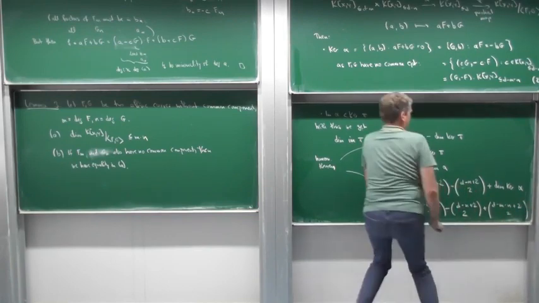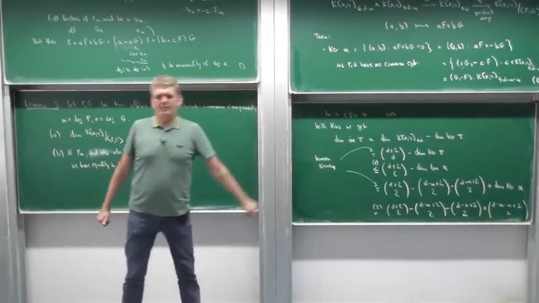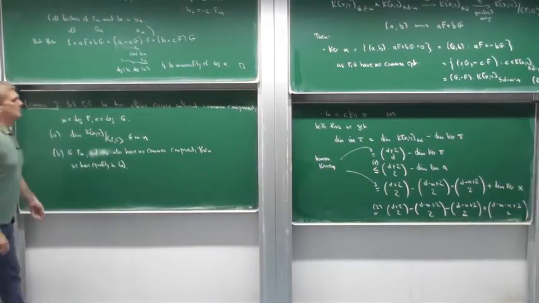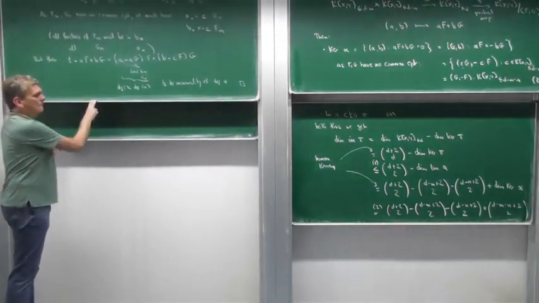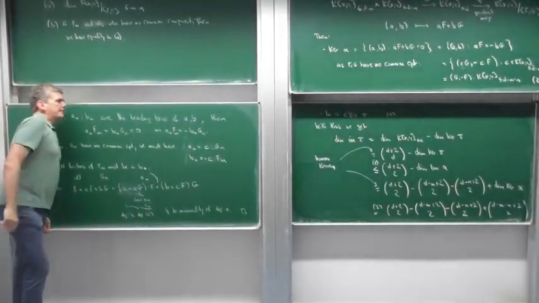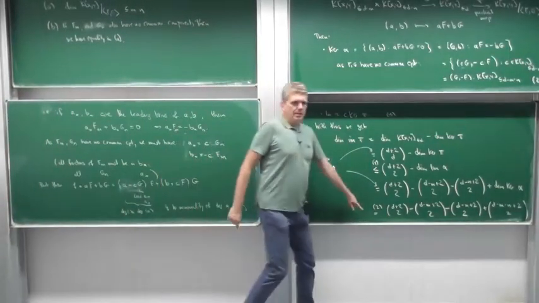Okay, now that's just some stupid computation in d and m and n. So there's none of these maps involved anymore. That's just a number.